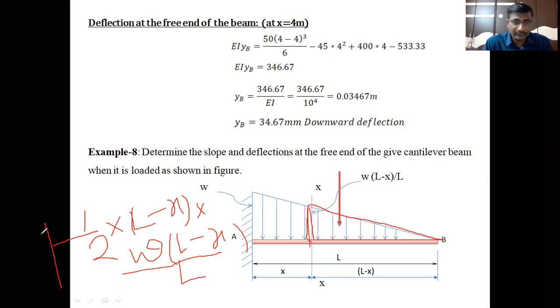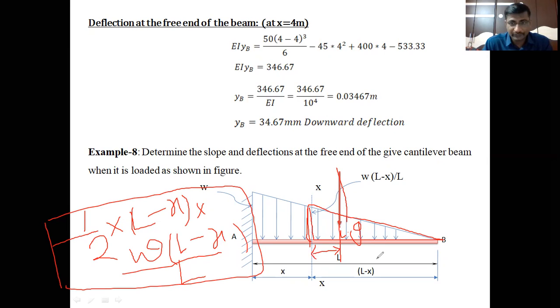So this is the total load acting on the right side of the section. This arrow mark indicates the load, which is concentrated at the center of gravity. This point is the center of gravity, located at a distance of (L minus x) by 3 from the XX section.